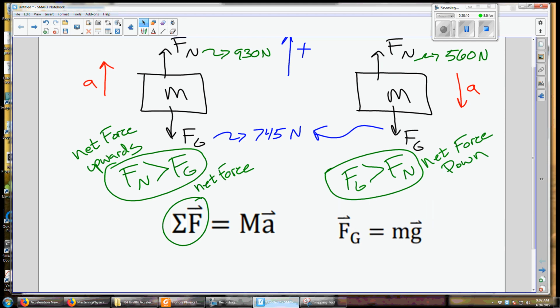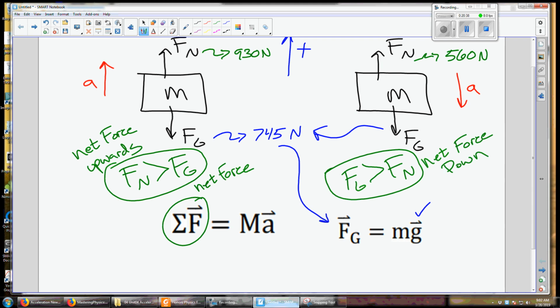Because I know F sub G, that's the 745. What planet am I on? Earth. So do I know little g on Earth? 9.81 newtons per kilogram. Yeah. So I know that, and then I can find that m, and that m is the same m.